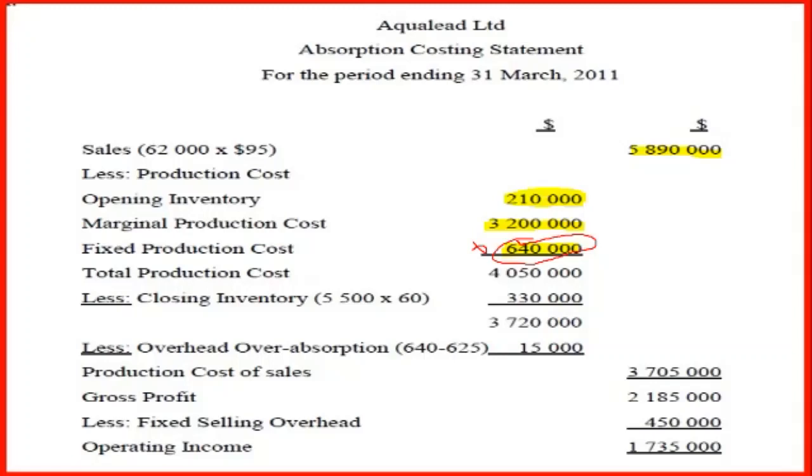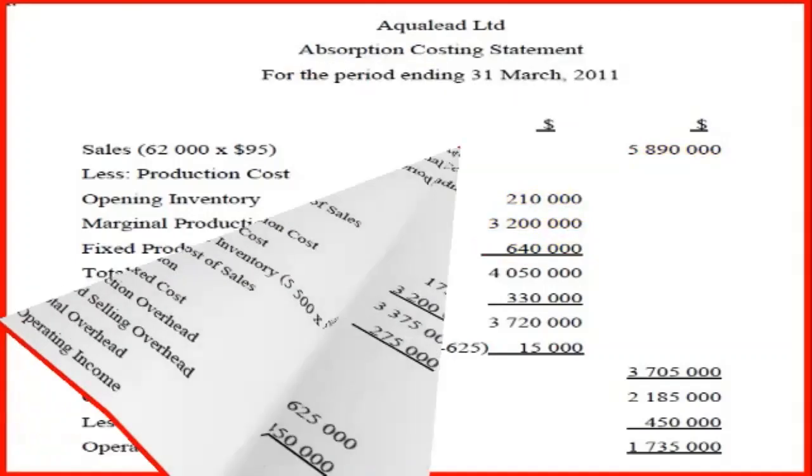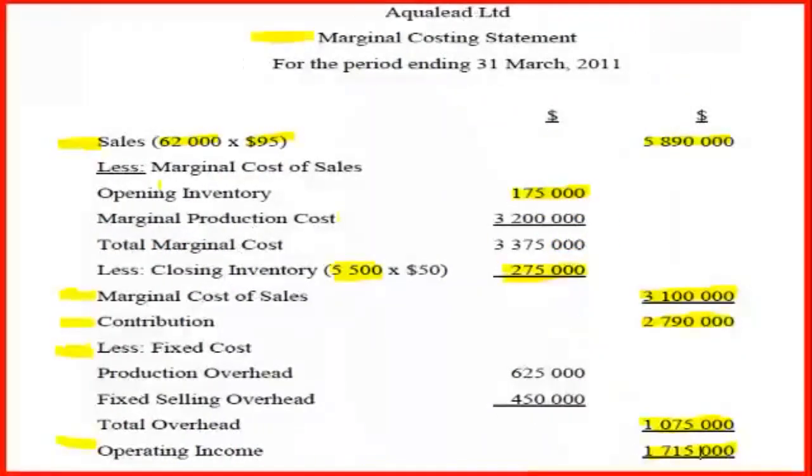Right, 5,500 by 60. I wonder where I got the 5,500 from. Okay, 330. And notice I use the same figure here, so it didn't really make a difference in the end, right?